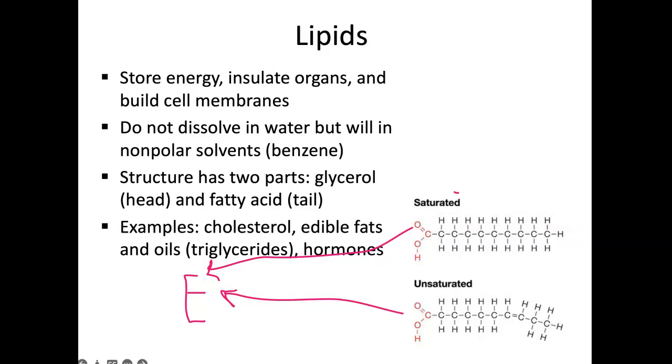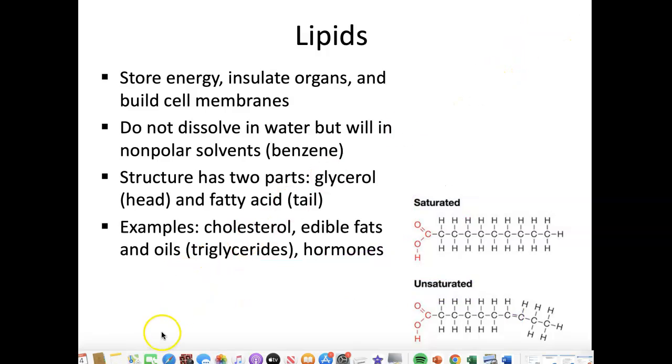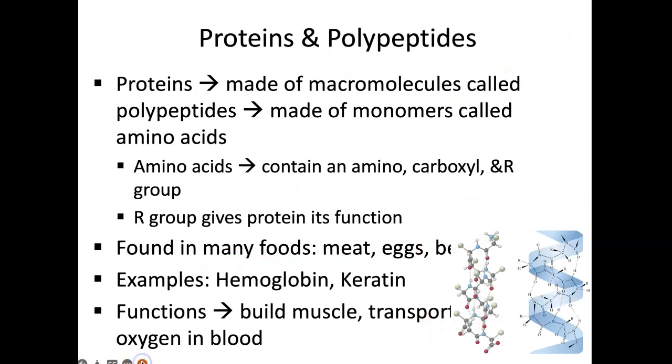And depending upon this hydrocarbon chain, it could be saturated, every carbon is full of hydrogens, or unsaturated, where some of the carbons have double bonds. And so you probably buy your fats based on that idea of how many carbons are in the molecule.